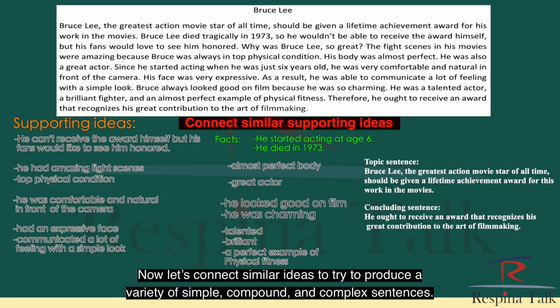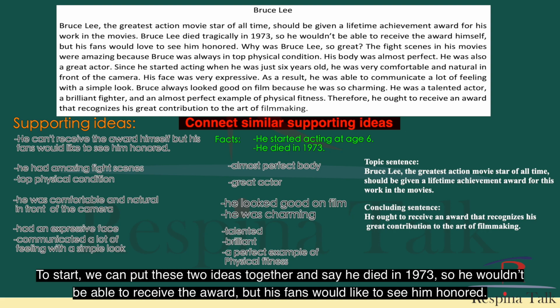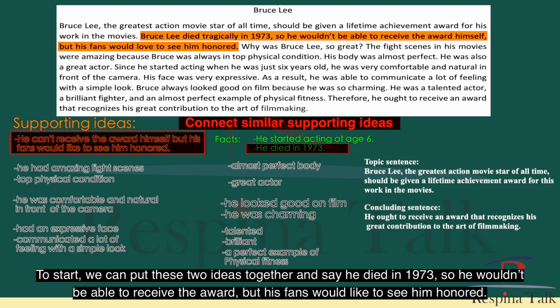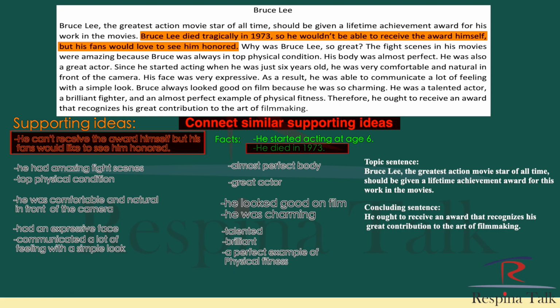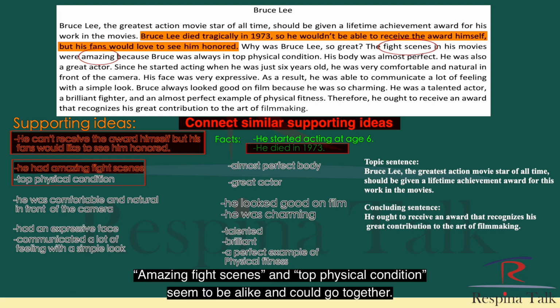Now let's connect similar ideas to try to produce a variety of simple, compound, and complex sentences. To start, we can put these two ideas together and say he died in 1973, so he wouldn't be able to receive the award, but his fans would like to see him honored. Amazing fight scenes and top physical condition seem to be alike and could go together.